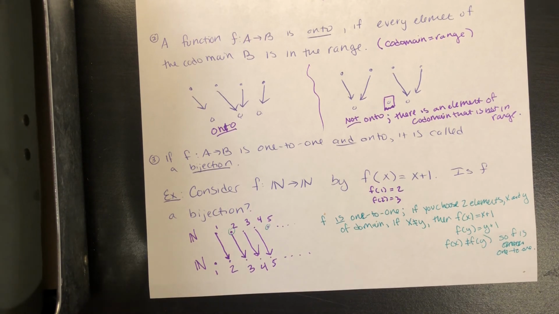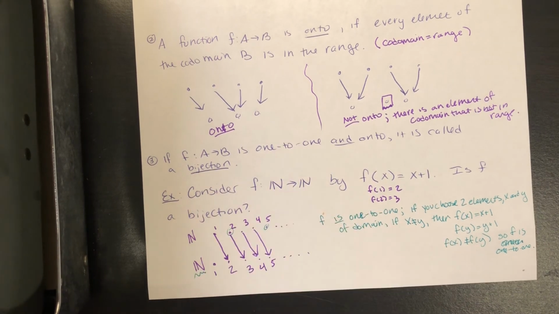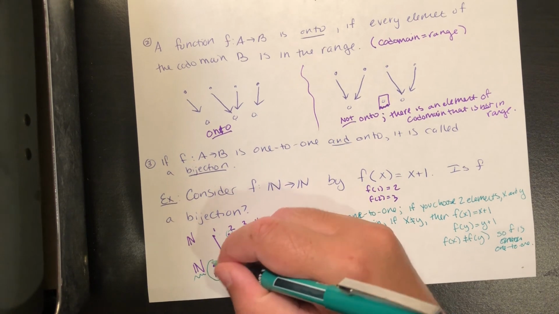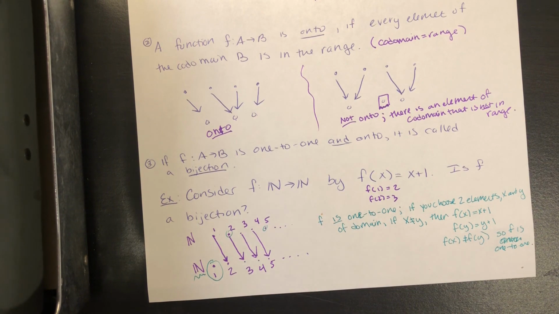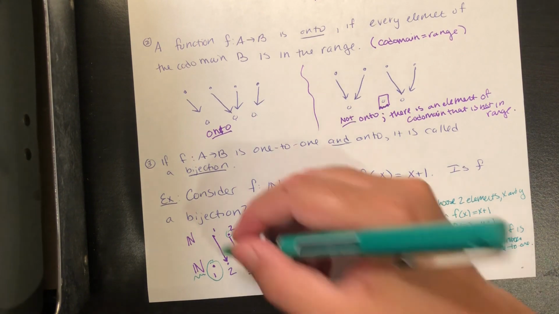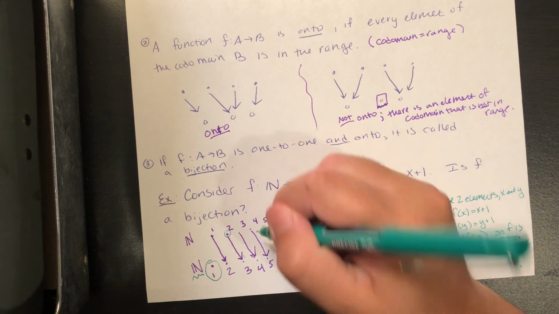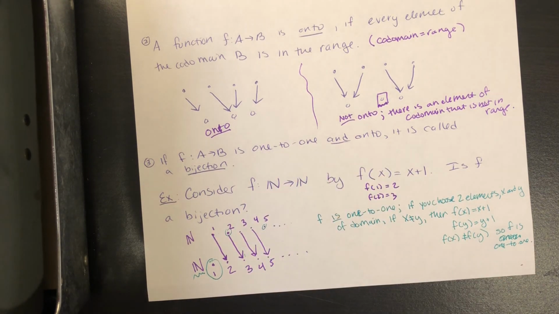That's not the same as onto, right? Onto means every element of the codomain, every element of N, gets mapped to by something. That's almost true, except what's going to map to the number 1? Right? 1's going to map to 2, 2's going to map to 3, etc. Everything's mapping up by 1. So nothing actually gets mapped to 1.